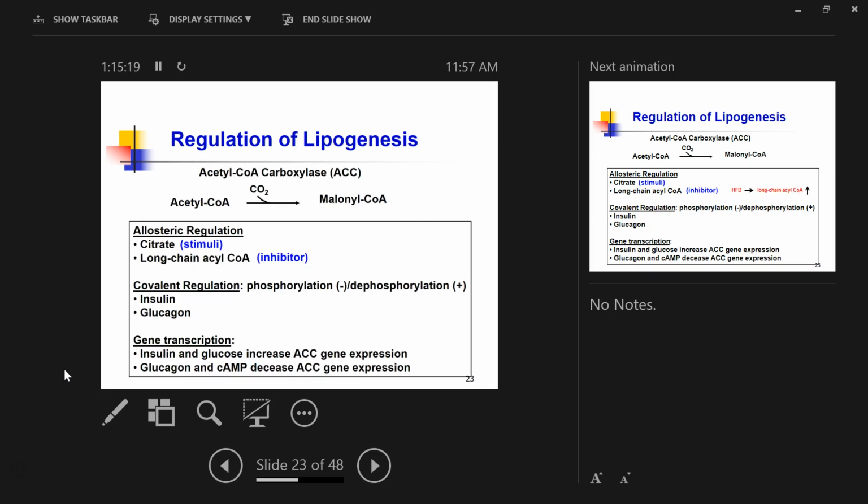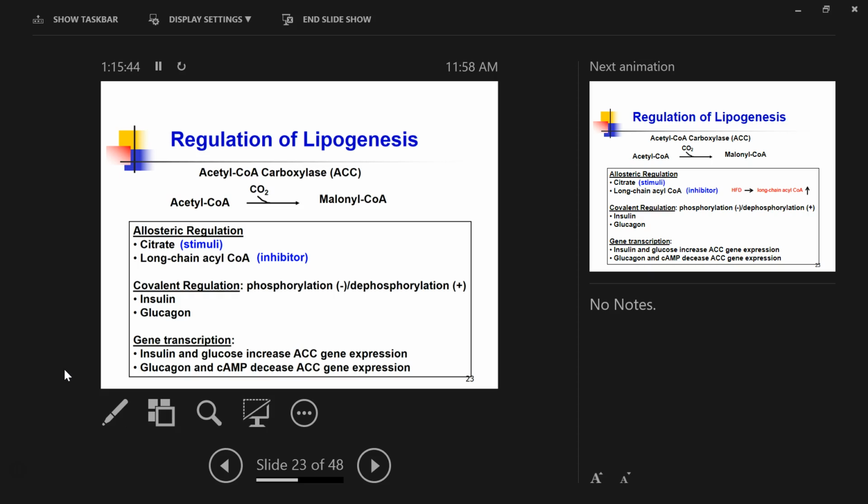And for the details of the regulation, again, I want you guys to focus on the key enzyme, acetyl-CoA carboxylase, ACC, and how ACC can be regulated, which then can control the whole rate of lipogenesis, right? So actually ACC is regulated at 3 levels.